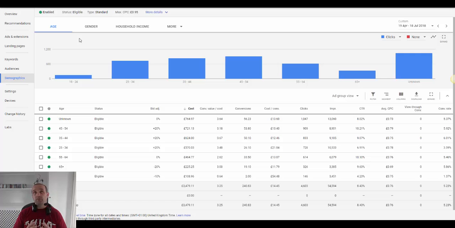If your campaign is spending quite a big budget and you have quite a lot of data in quite a short space of time, maybe a number of weeks or a few months, if you've got enough data to make those adjustments at ad group level, I'd probably do it there, but it does create a lot of work. If you've got 10 campaigns with 20 ad groups, that's 200 lots of demographic bids that you're going to have to adjust. So just think about that before you go diving into making changes at ad group level.